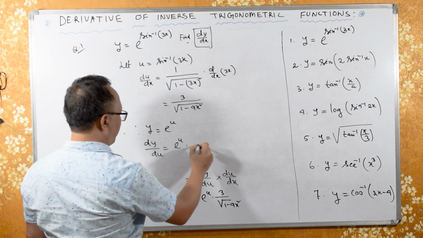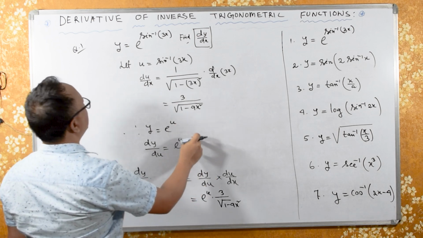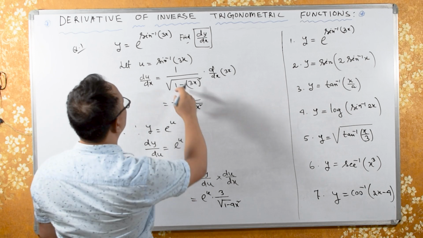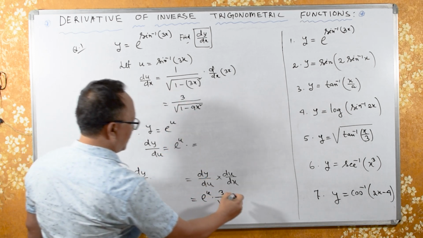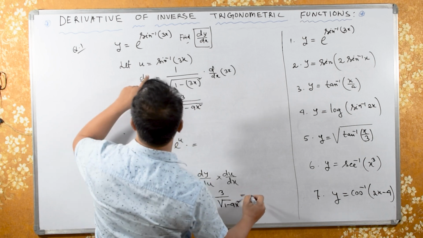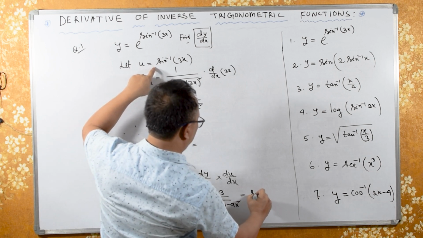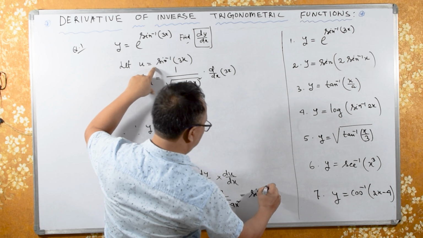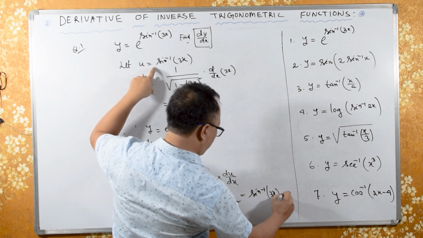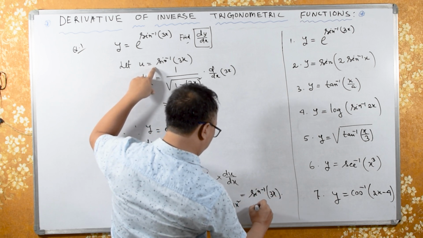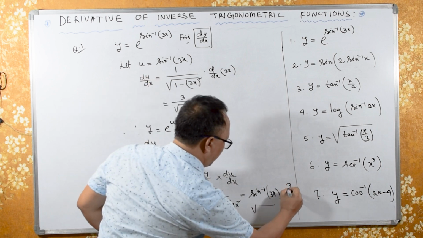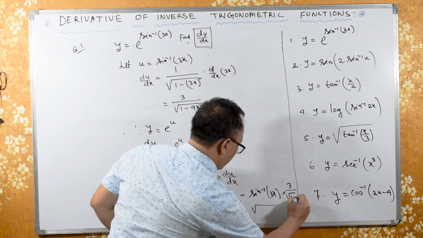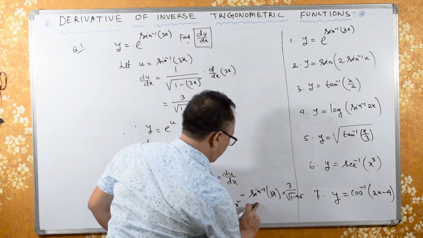Again, you come back and substitute. What is u? u is sine inverse 3x. So we have e raised to sine inverse 3x into 3 upon square root of 1 minus 9x square.